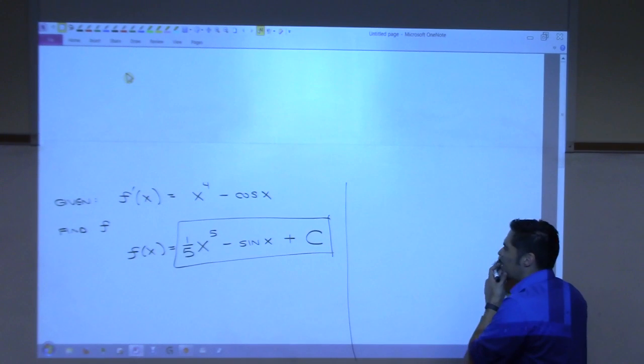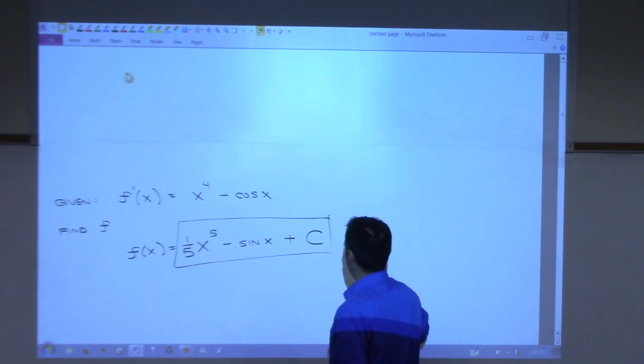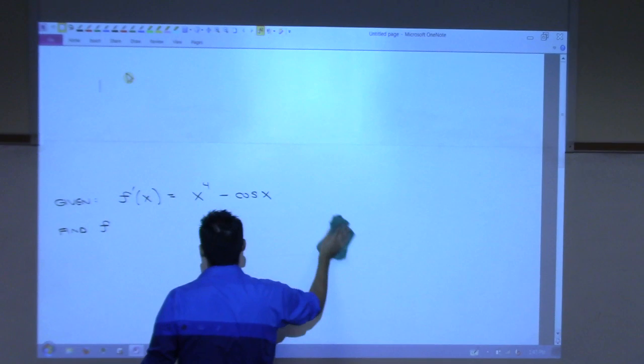Okay, so we need some better notation. So we have new notation that I want to introduce.